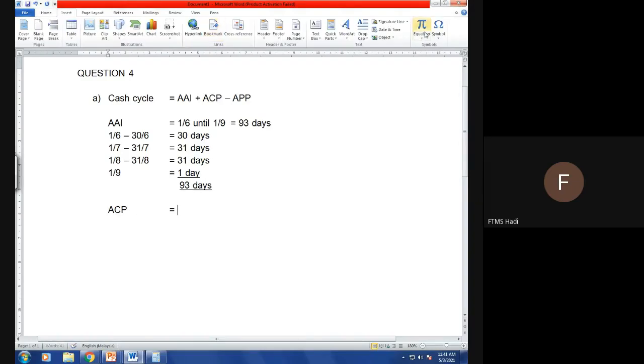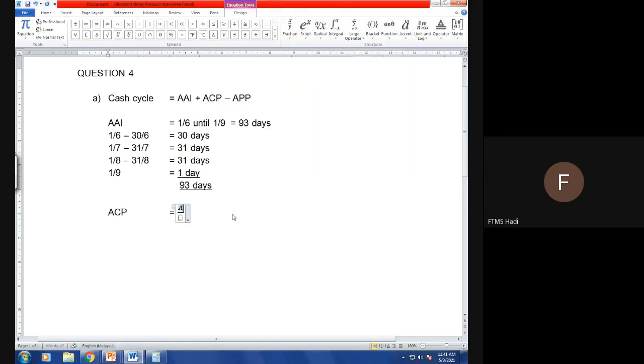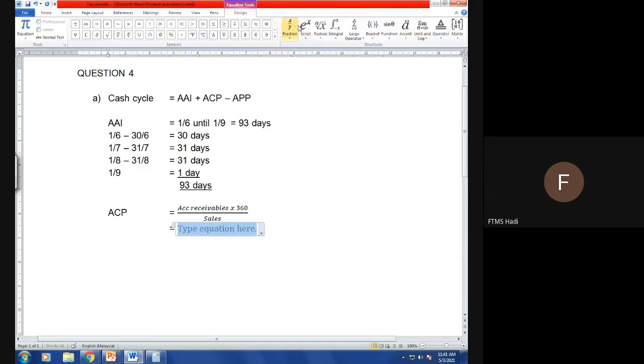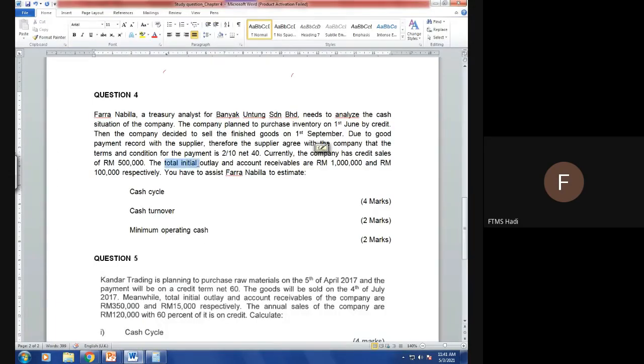The second thing is to calculate ACP. How to calculate ACP will be like this: account receivable multiplied by 360 days divided by sales. How to get those figures? In the question, it says initial outlay and account receivable 1,100,000. So left, right, left, right.